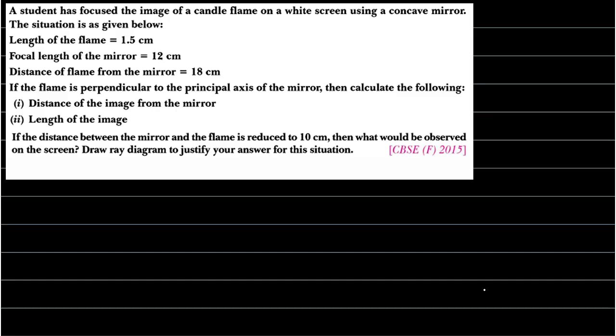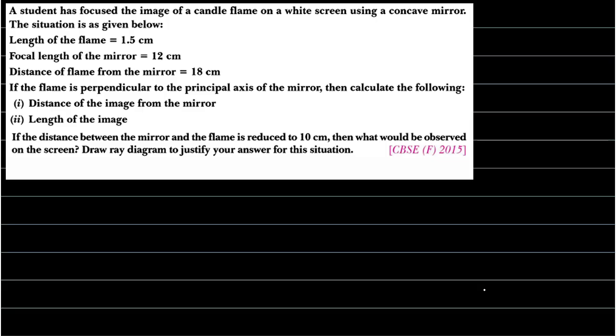Next question, CBSE 2015. Again, pause the video, write the solution yourself, then check the video. Question is saying, a student has focused the image of a candle flame on a white screen using a concave mirror. The situation is as given below. Length of the flame is 1.5 centimeter.